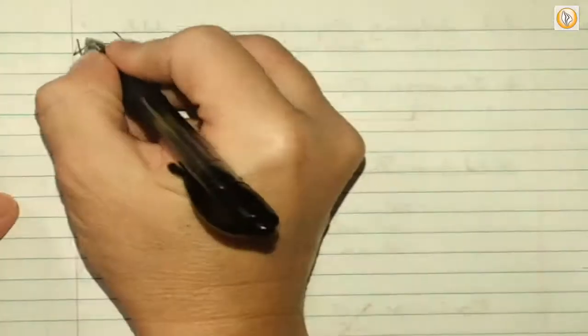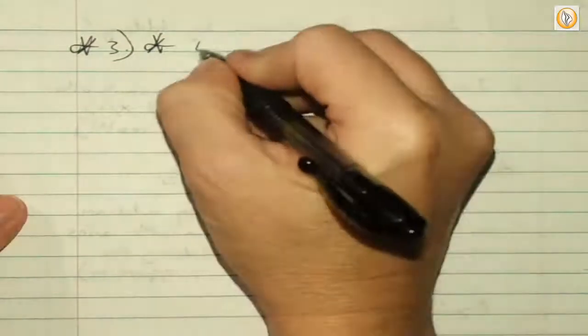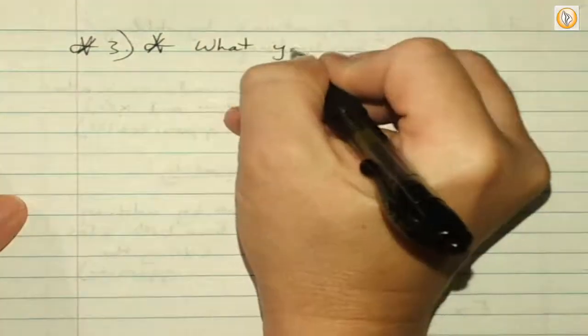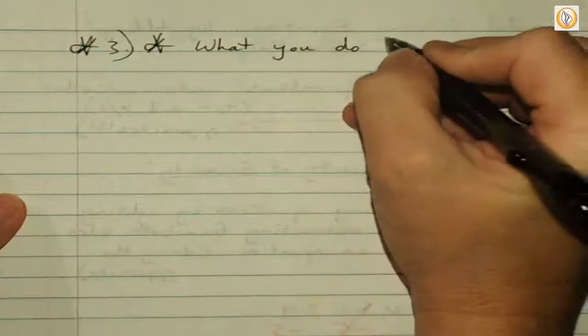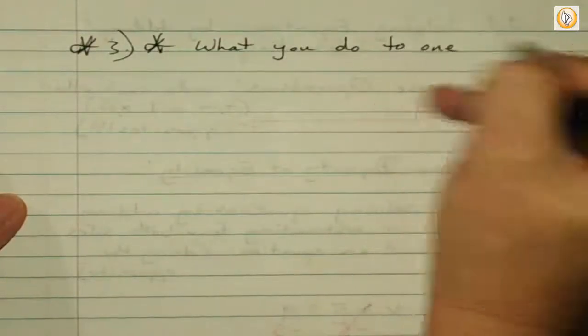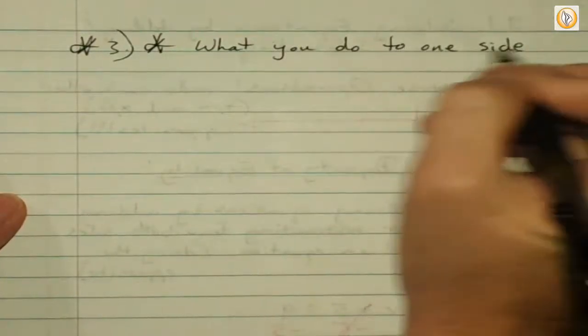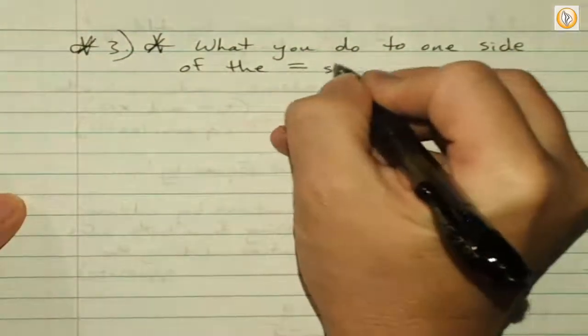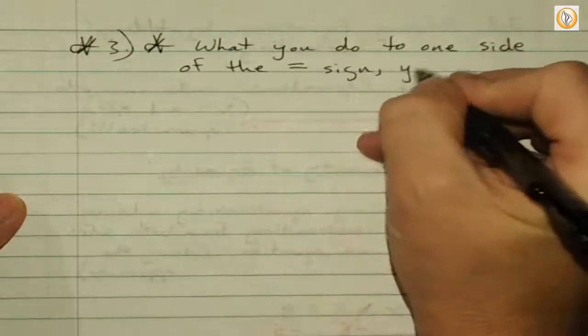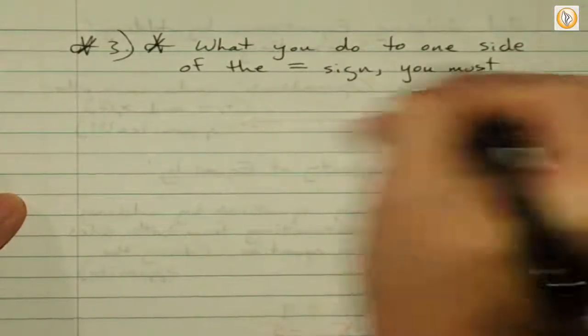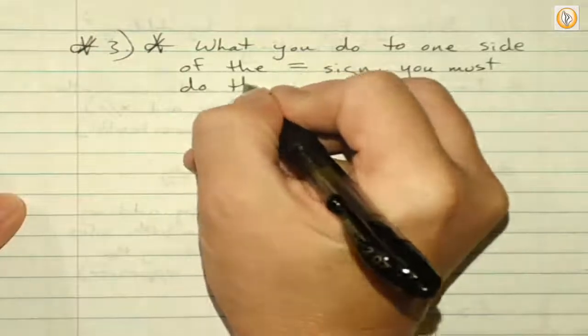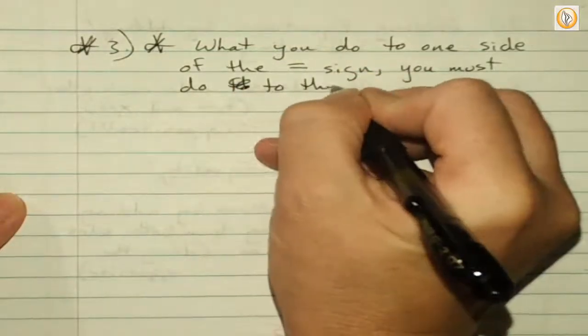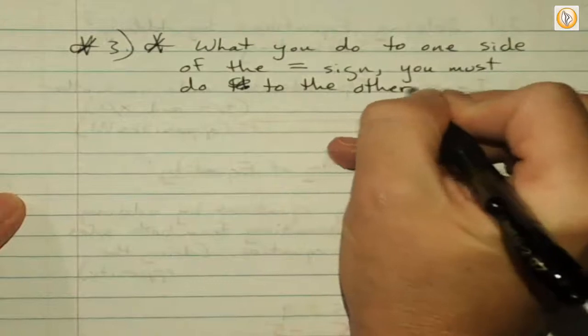3. This is important. I'm putting a star here in front and in back. What you do to one side of the equals sign, you must do to the other side.